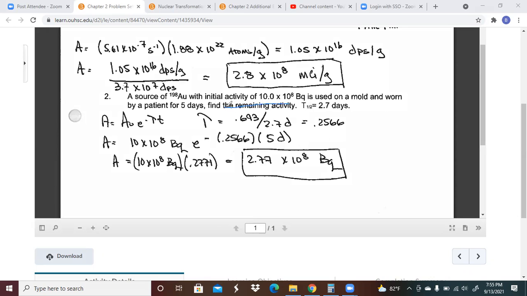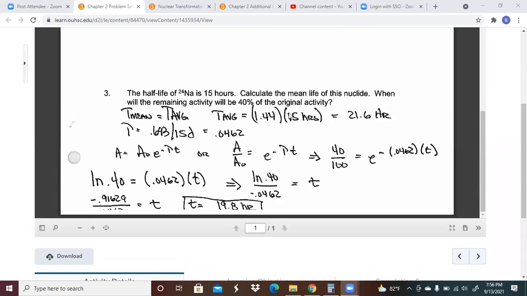I would say find the activity after 5 days. I think that would be a better way of saying that. I'll try to remember that as I'm putting that into digital form.